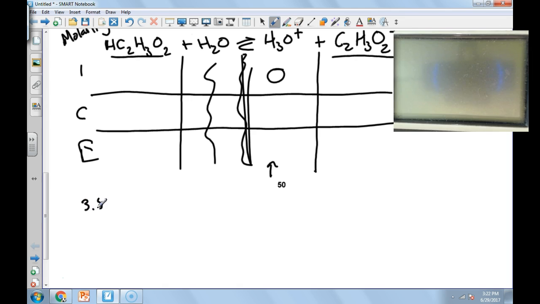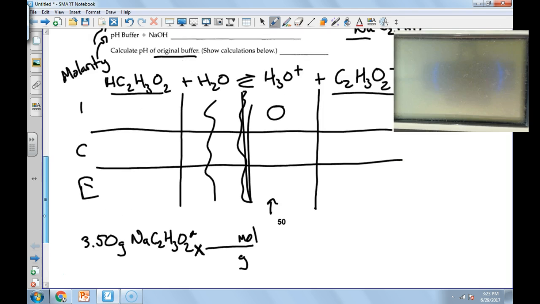So 3.5 grams of sodium acetate is how much I'm saying we added. Again, you're going to write however much you did add. Now I'm going to have to convert that to moles, because we use molarity in here, and molarity is moles of solute per liters of solution. So 3.5 grams, grams goes on the bottom, I use this as an X line, that's how we convert, and then moles.